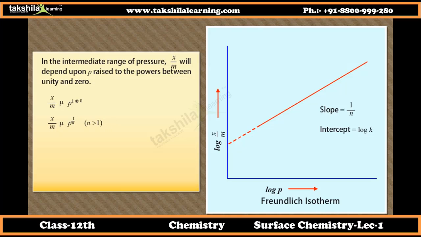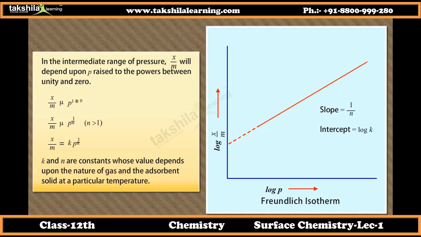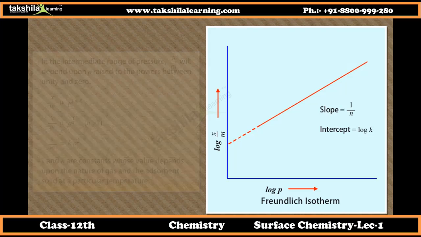Or x/m ∝ P^(1/n), where the value of n is greater than 1, or it can be written as x/m = k × P^(1/n). k and n are constants whose value depends upon the nature of gas and the adsorbent solid at a particular temperature.